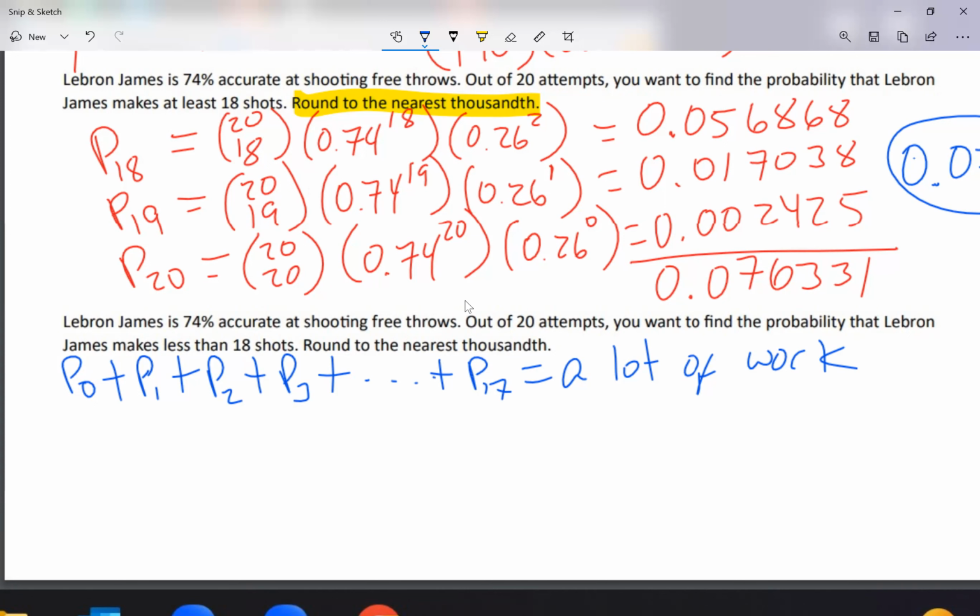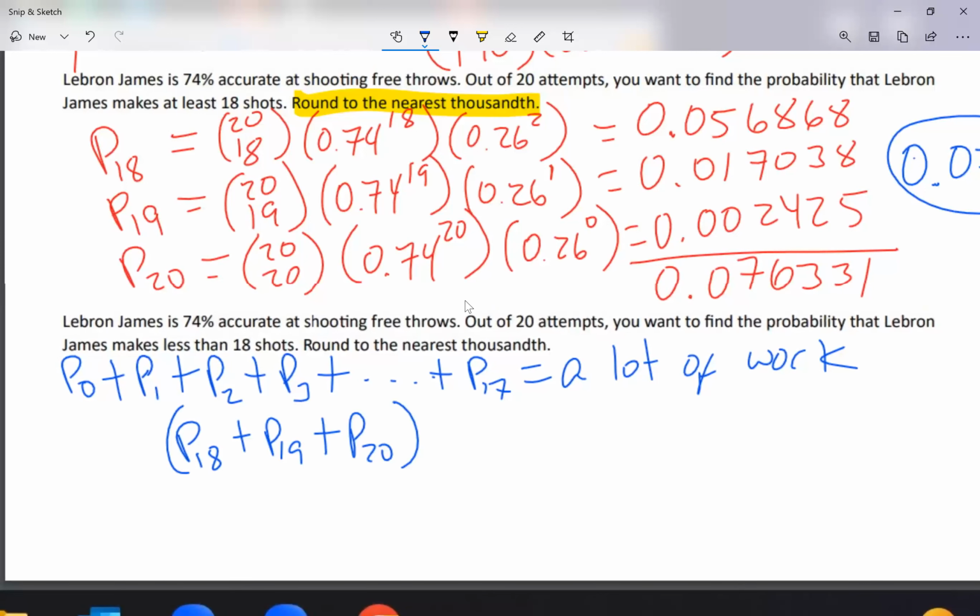So I'm going to find out the probability that he makes 18 shots, plus the probability that he makes 19 shots, plus the probability that he makes 20 shots. And whatever I get, I'm going to subtract it from 1.